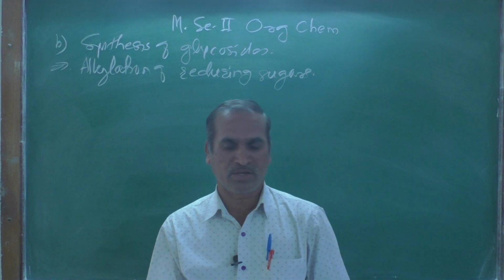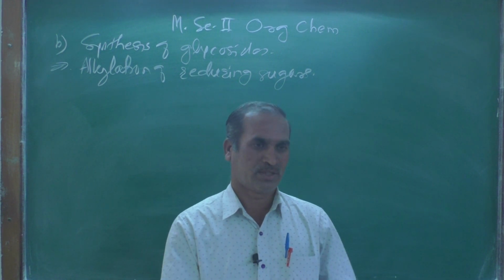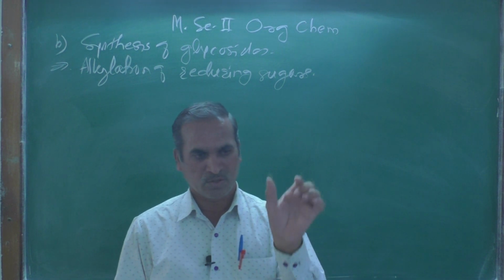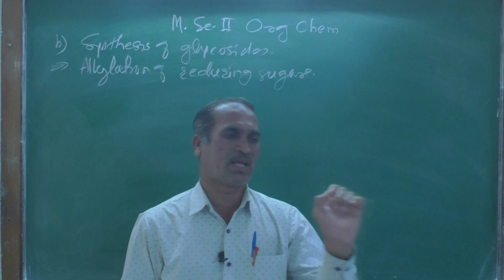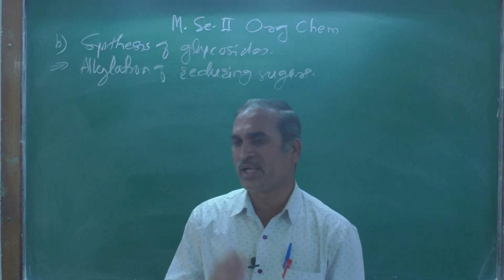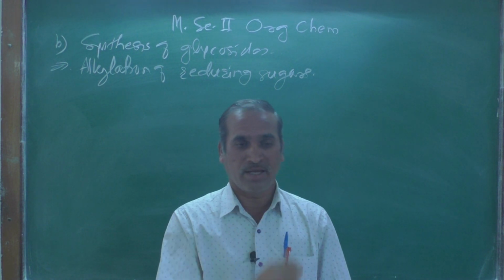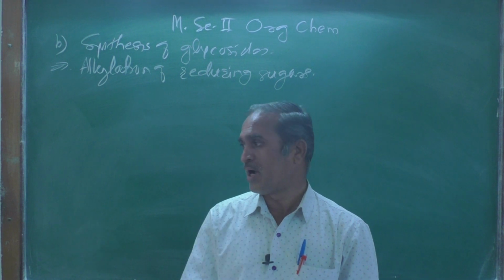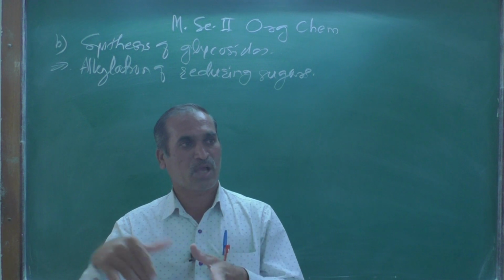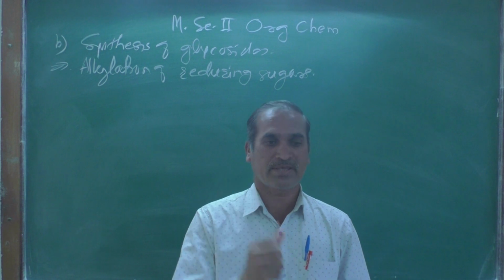Same thing, whenever there is a cyclic form of a disaccharide, if you observe the fructose unit as well as the glucose unit, when a glycosidic linkage is formed, it utilizes at least one of the anomeric hydroxyl groups for the formation of the glycosidic linkage and forms a disaccharide.